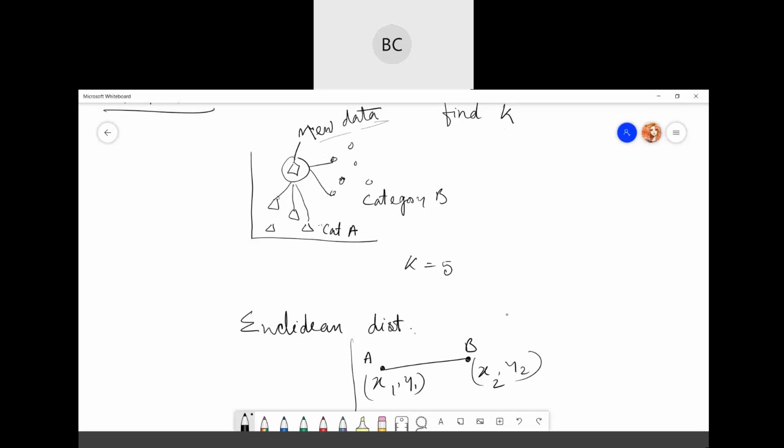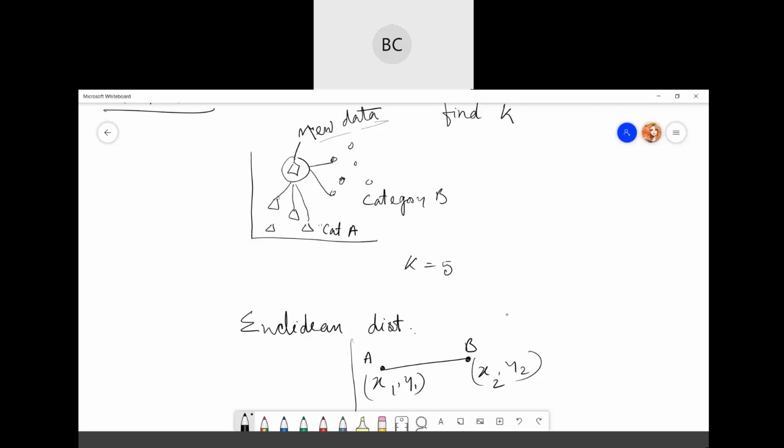In the general way, it finds the Euclidean distance, but in some cases you try another distance algorithm, like Manhattan, Minkowski, and so many distance algorithms. But the basic way is just to find the Euclidean distance. That's the normal process.